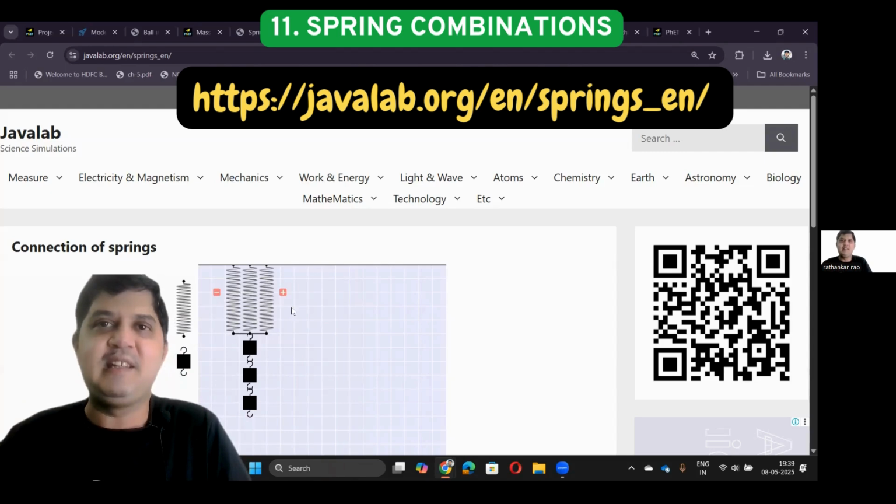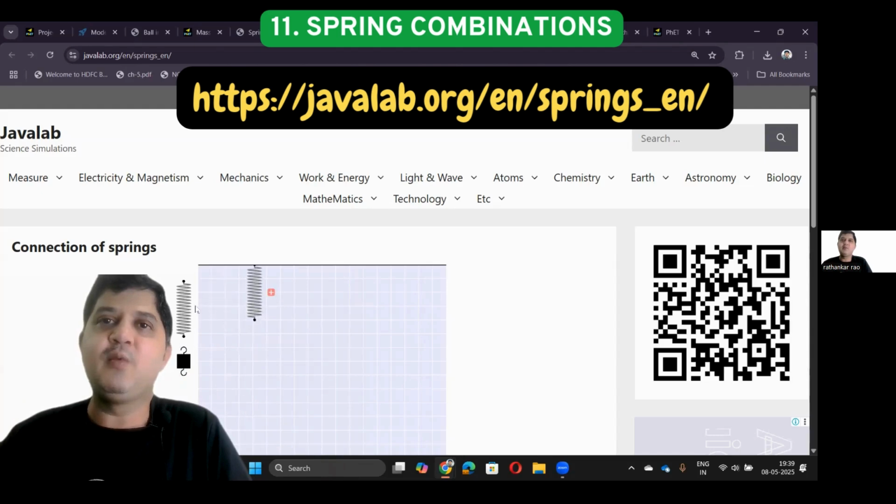Now you can do the same thing with a series also. What I'll do is remove this over here: 1 here, 2 here, 3 here. I've connected this, or maybe I'll remove this too. So first one, I've connected 1, 2, and 3.